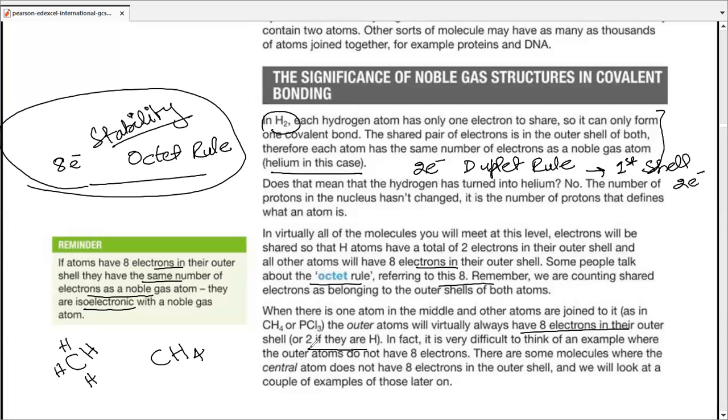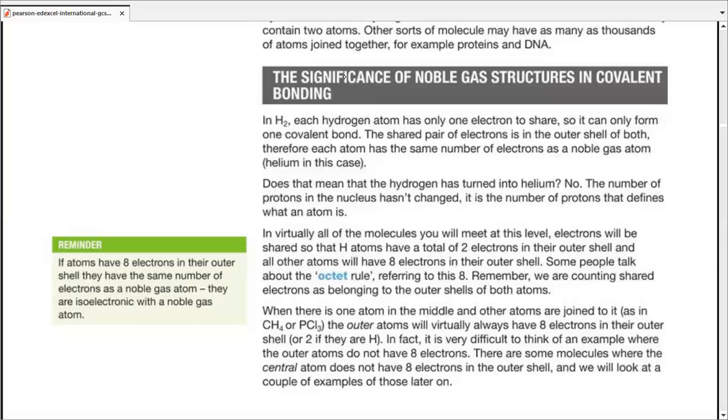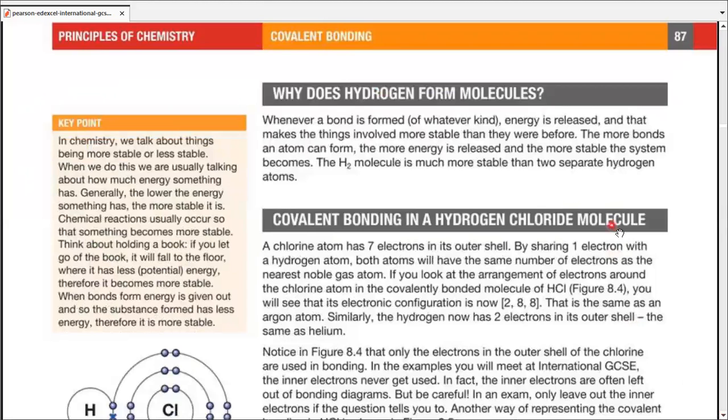It's very difficult to think of an example where outer atoms do not have 8 electrons. However, there are some molecules where central atoms do not have 8 electrons. We are going to see a couple of those examples after a couple of pages. So let's move on to explain this further.